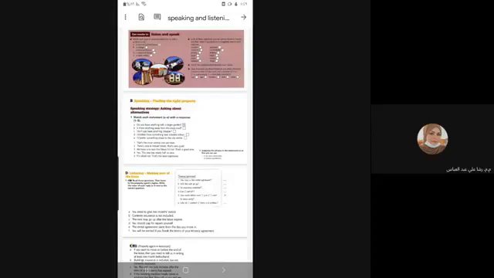So we have semi-detached house. House نعرف معناه منزل. Detached is the opposite of attached. Detached منفصل. Attached متصل. Okay?